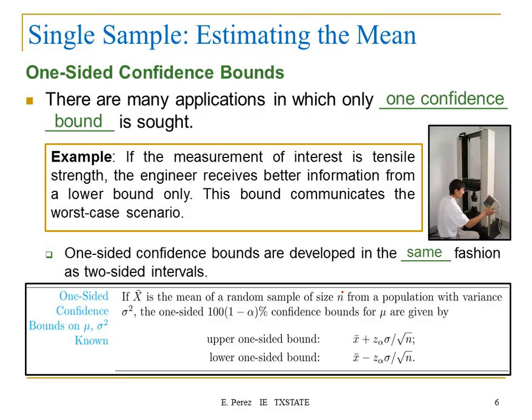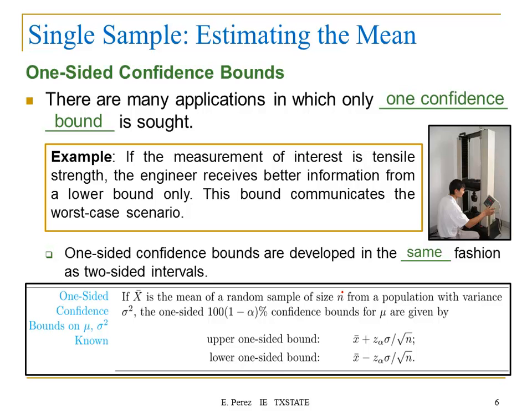And again, this is assuming that you know sigma squared, which is the variance of the population. So another question I had this morning from one of the students is, when do you use T or when do you use Z? Z values come from the standard normal distribution, and you use confidence intervals with the Z values when you know the population variance. So if you have that information available, if you want to construct some confidence intervals, then you can use the bound using the standard normal.